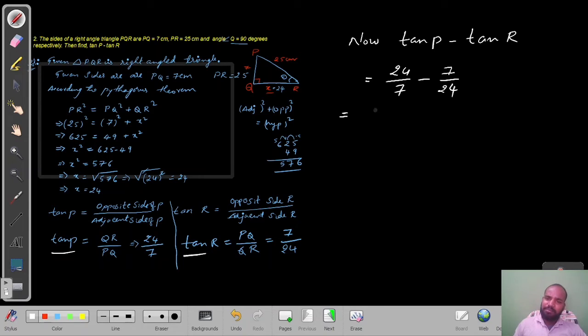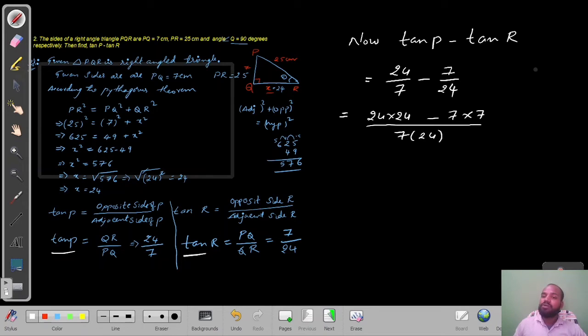What is this fraction subtraction? We cross multiply: 24 into 24 minus 7 into 7. On doing cross multiplication, the denominator is 7 into 24.